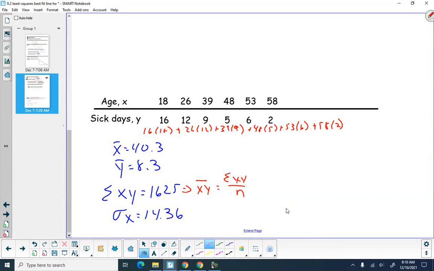So we have 1625 divided by 6, which gives 270.83.